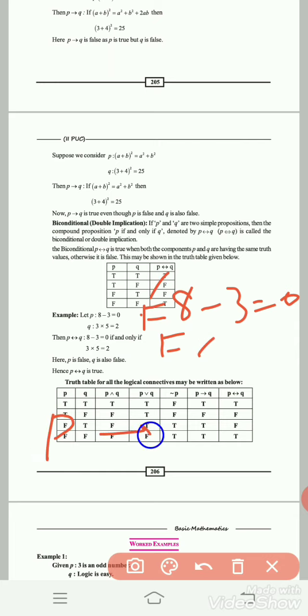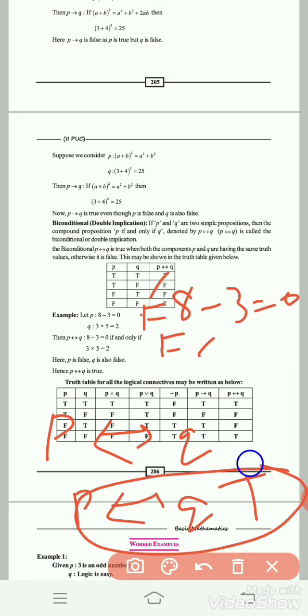Here P double implies Q. P is false, Q is false. Therefore, P double implies Q is true. Both the statements are false, therefore the compound proposition is true. A false statement implies false, like that. P implies Q: 8 minus 3 equal to 0 if and only if 3 into 5 equal to 2.